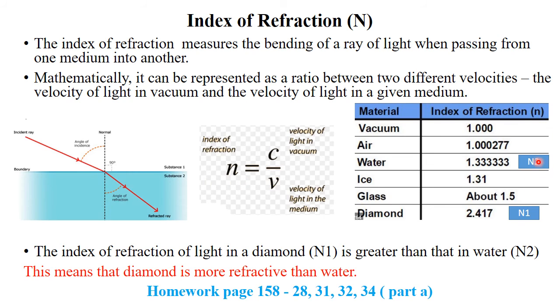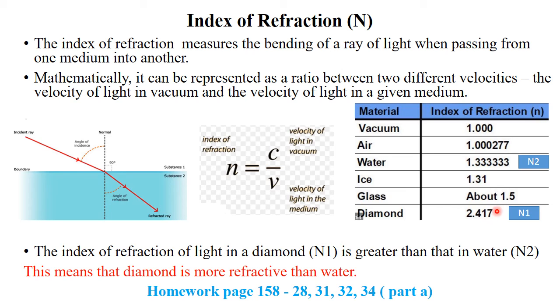Let's see some indices of refraction in several materials. In vacuum, the index of refraction is 1. In air, 1.00277. In water and ice, about 1.33 and 1.31; in glass, about 1.5, and in diamond, 2.417.